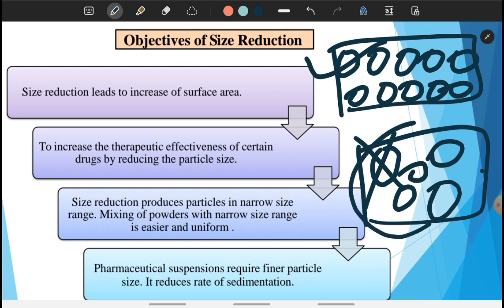These particles cannot be mixed easily, and the mixing is also not uniform in this type of particles. But if you have uniform particle size, narrow size range, mixing of that particle will be easier.